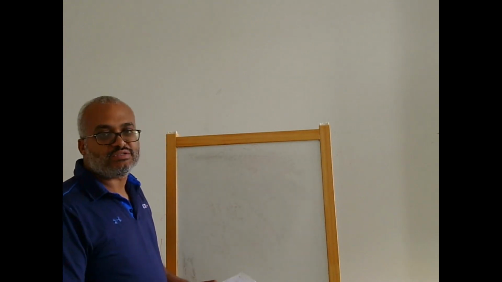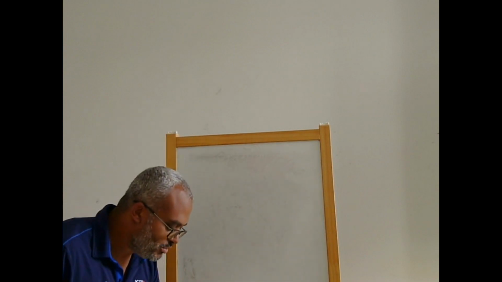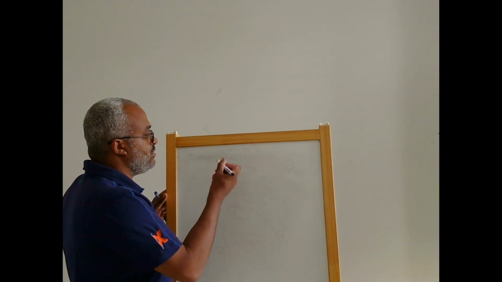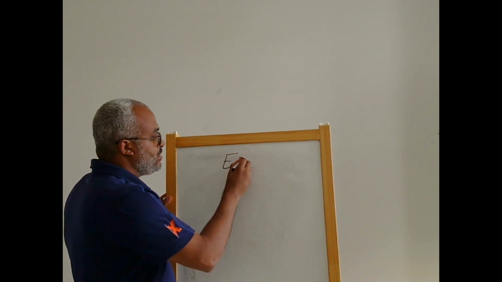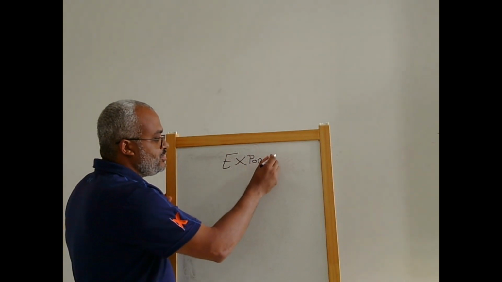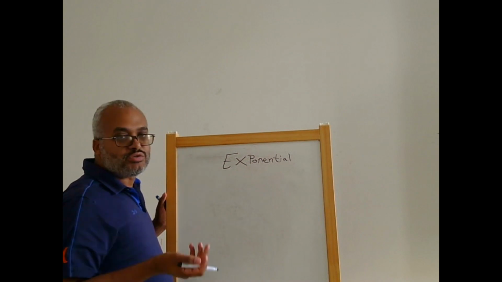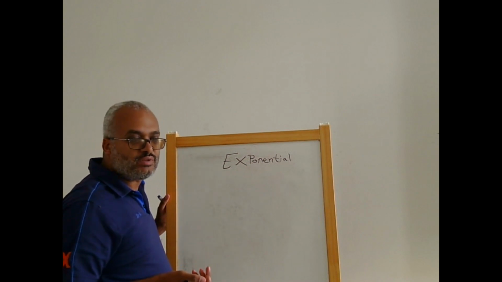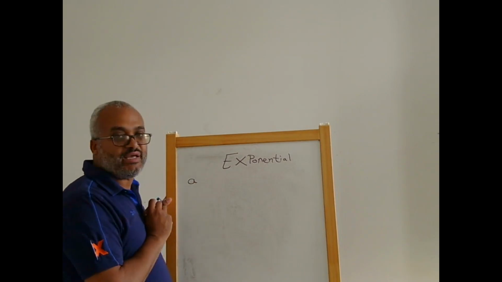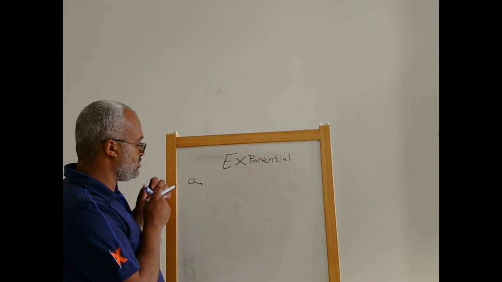So our second lesson today is about the exponential rule. So exponential rules. So what is exponential? You have a base, let's say A is a base, it's called base.